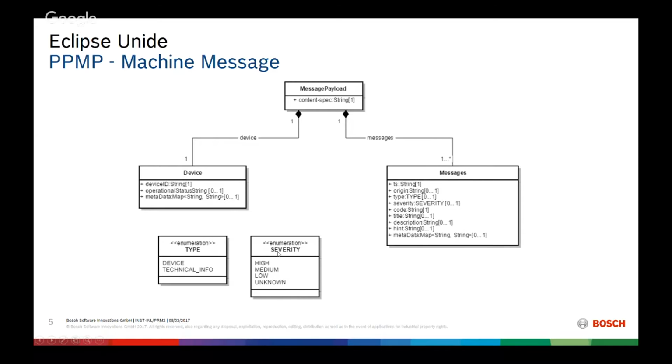Therefore, we have an enumeration with the given severities of high, medium, low, and if you don't know, then set it to unknown. You can set a title and a description, and you're also able to set a hint, maybe how to deal with such an error code or such a status. And also here you have the metadata field: if you have information that you want to share but doesn't fit into the given properties, then you can set it here.